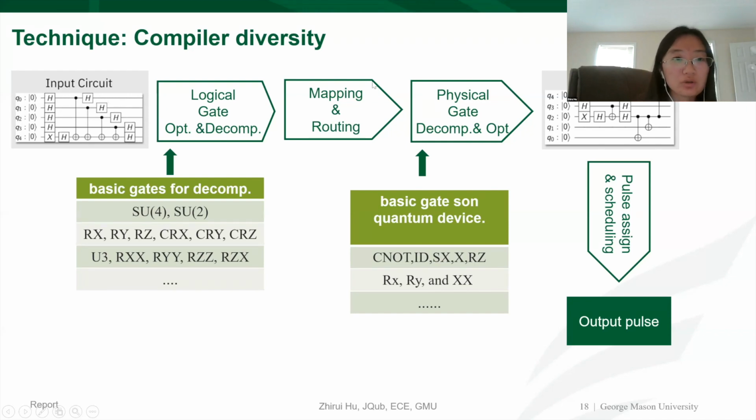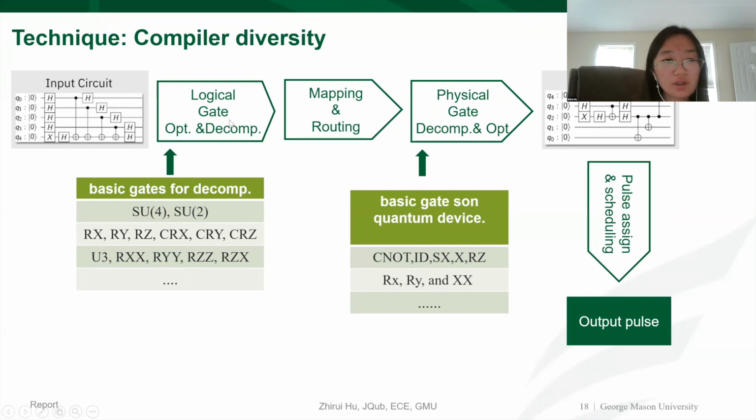Let's go through the compiler first. This is an input circuit, and then the logical input circuit will be decomposed into basic gates. For different kinds of backends, there are different kinds of basic gates.